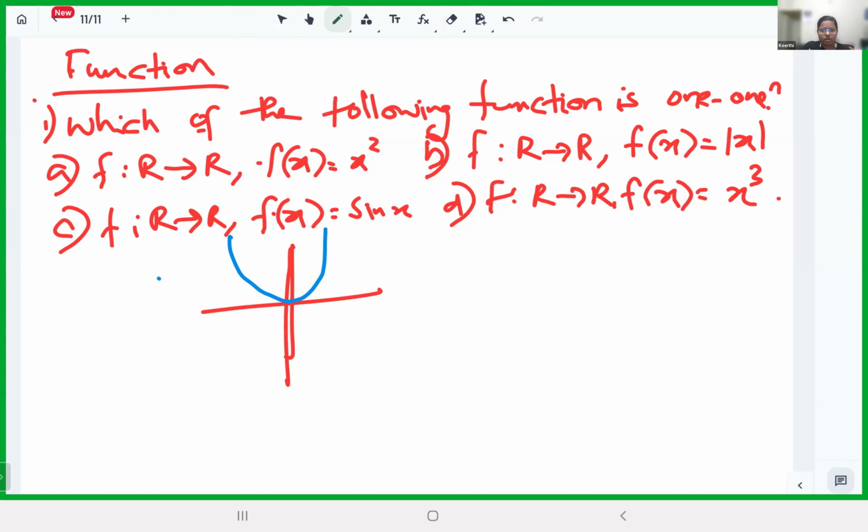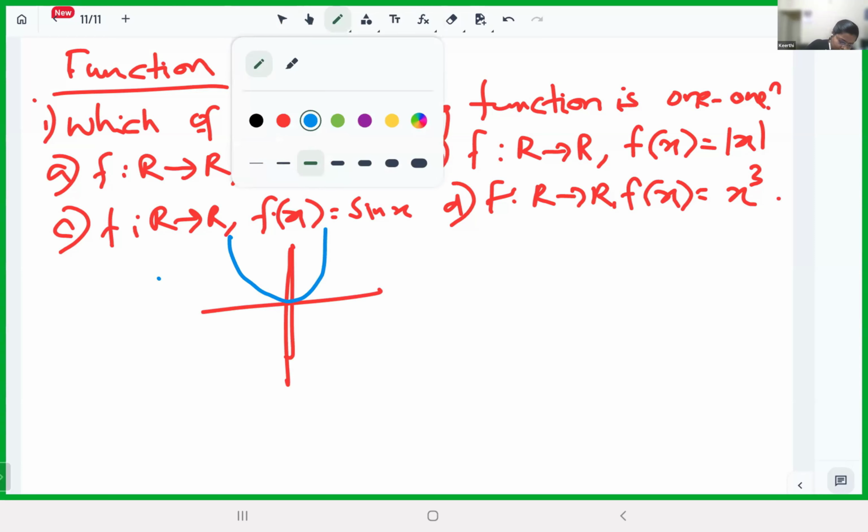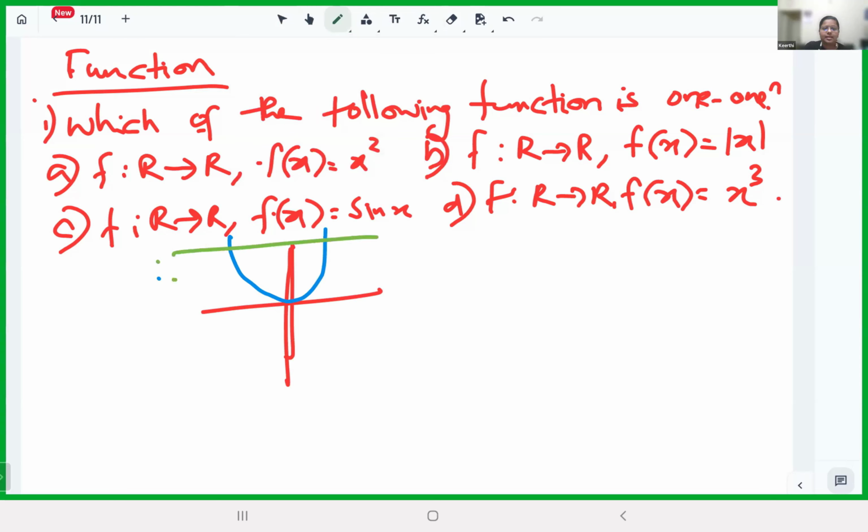In order to check whether a function is 1-1, we have to draw horizontal lines along the graph. If you draw horizontal lines, that is, lines parallel to the x-axis, and if a line touches the graph in more than one point, it is not 1-1.